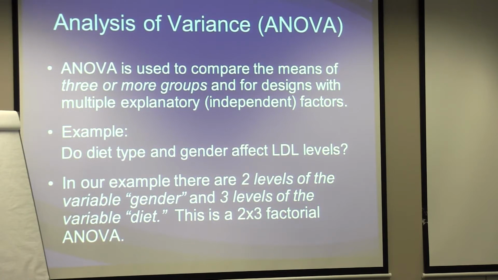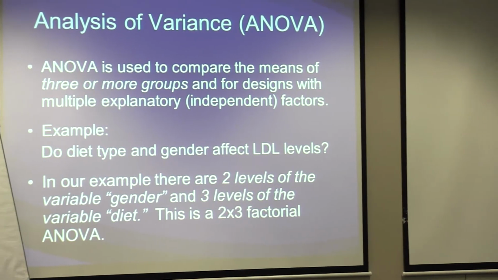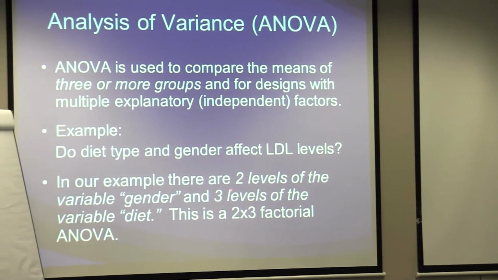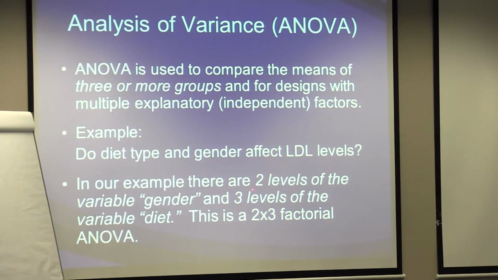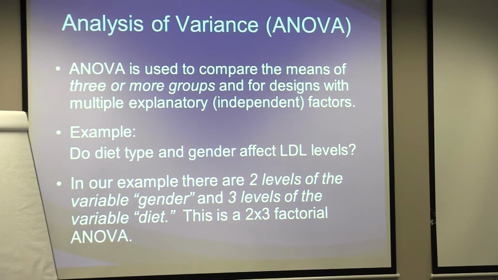So how many numbers you have in that notation tells you how many independent variables you have. What each number actually is tells you how many levels that variable has. So 2x3 means we have gender with 2 levels and diet with 3 levels. If diet had 4 levels, it would be 2x4.